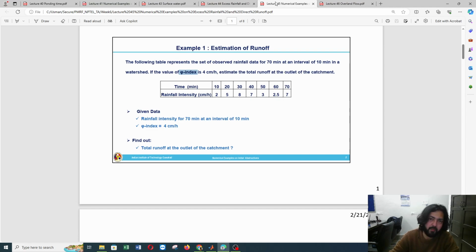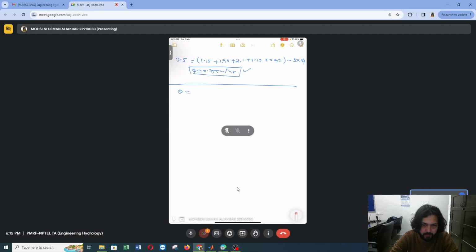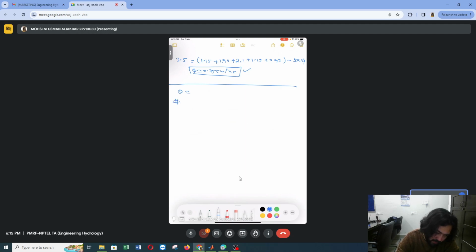If you look at assignment number 6, they have asked a few questions on the SCS curve number, right? So we can take one more example so that it could be easy for us to solve any numerical on the SCS curve number.